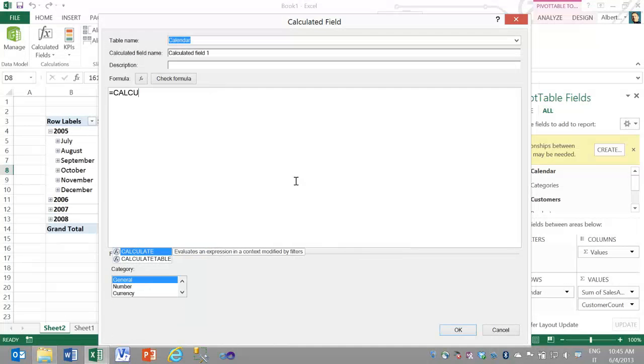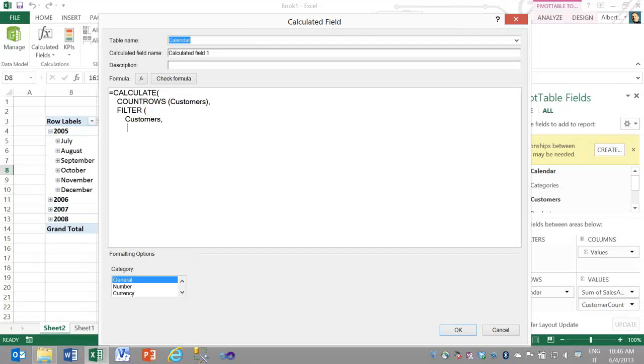All interesting DAX formulas start with calculate, so we start it this way. What we want to do is count the number of customers. So we count rows of customers. But we don't want to count all the customers. We want to filter them. So we filter the customers.